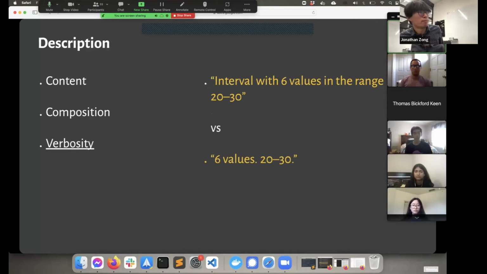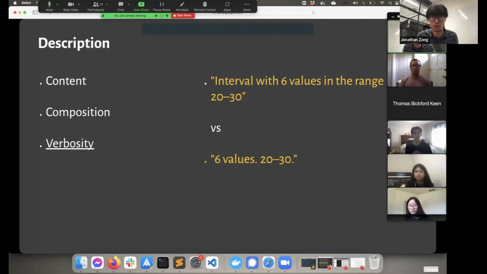And then finally, verbosity, which is also related to that earlier question about maybe the speed of reading. By verbosity, we mean just how long the descriptions are and how much context and helper information they are providing. So you can imagine someone who's pretty new to this system wanting to hear a description like "interval with 6 values in the range 20 to 30."